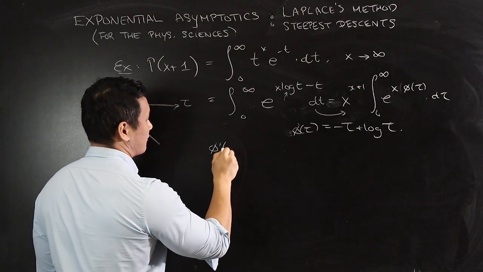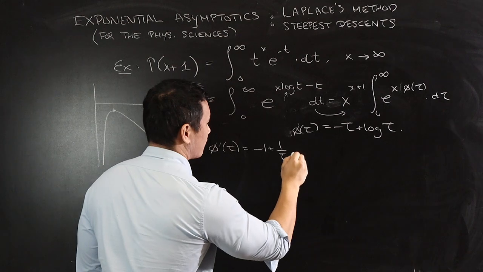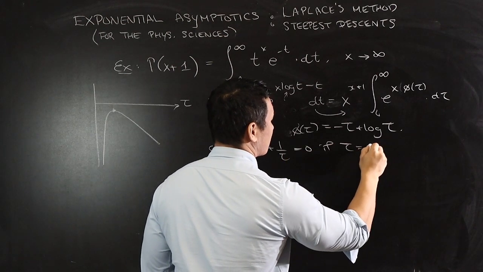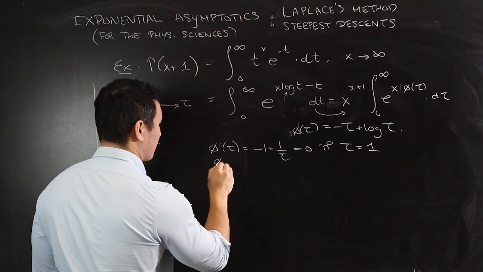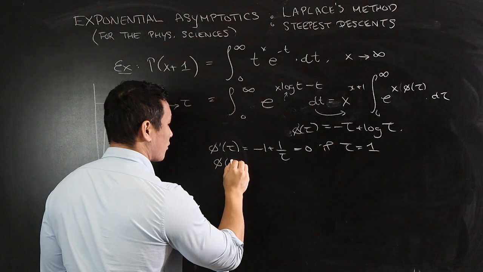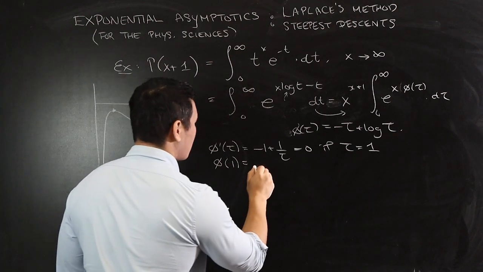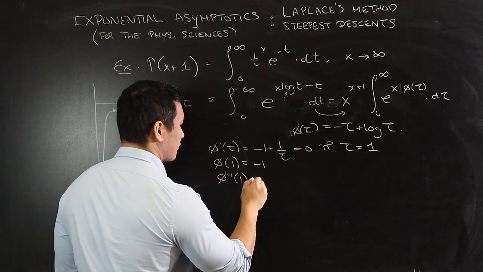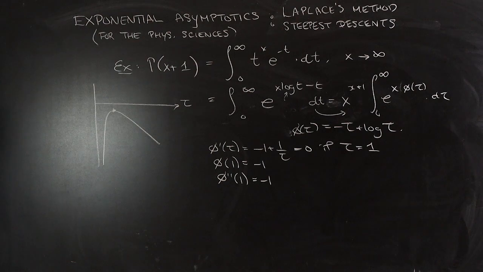Well, phi prime of tau is just minus 1 plus 1 over tau, which is equal to 0 if tau is equal to 1. And you can then calculate what phi of 1 is. Okay, and that's just minus 1. And you can also calculate what phi double prime of 1 is, and that's just minus 1. So it is a maxima.